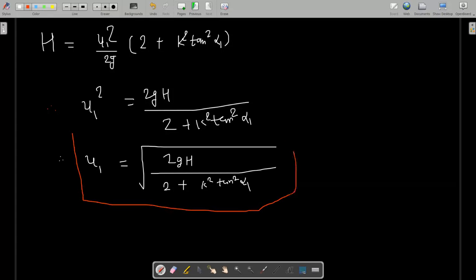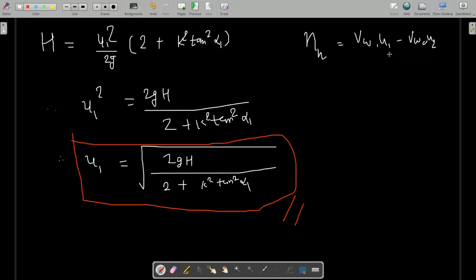Now we also have to find the hydraulic efficiency. Hydraulic efficiency in terms of Euler's head we can write as Vw1 U1 minus Vw2 U2 divided by gH. But here Vw2 is 0 in our case, so this term will be cancelled out, so the only thing remaining is Vw1 U1 divided by gH.